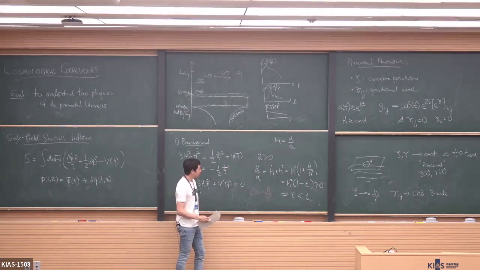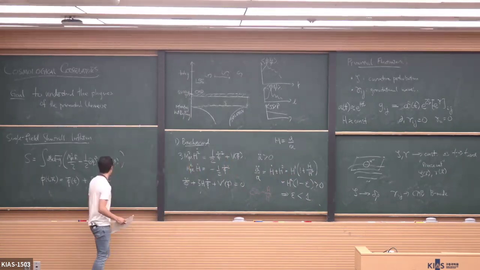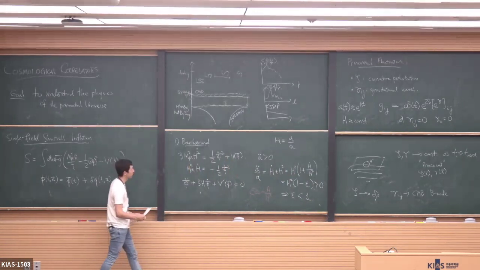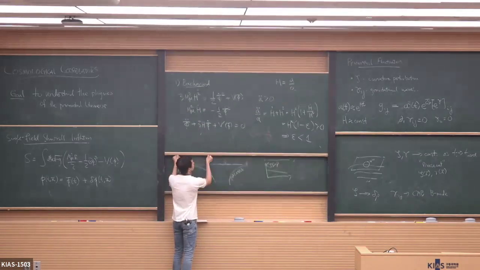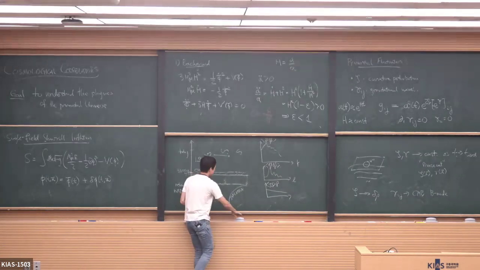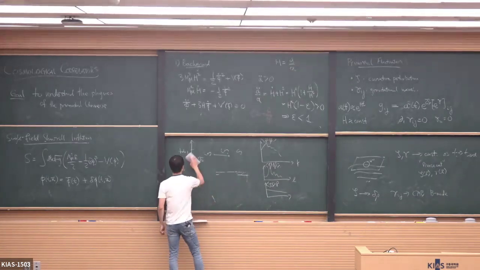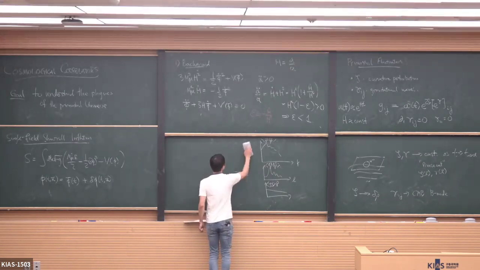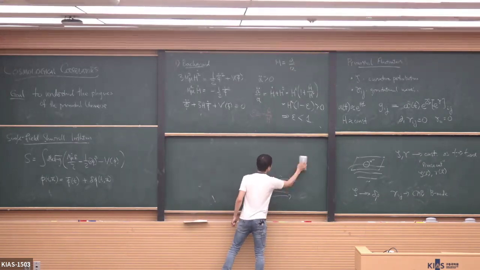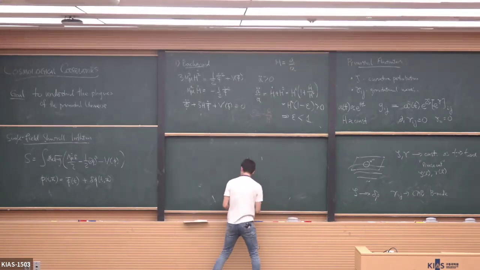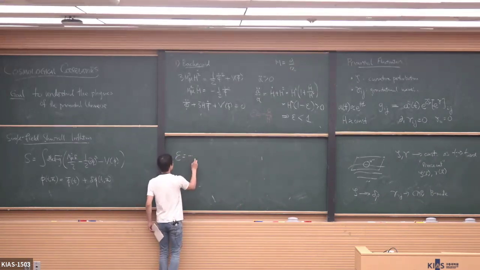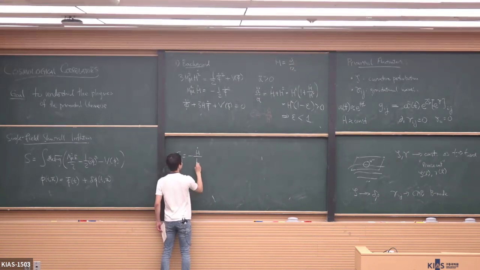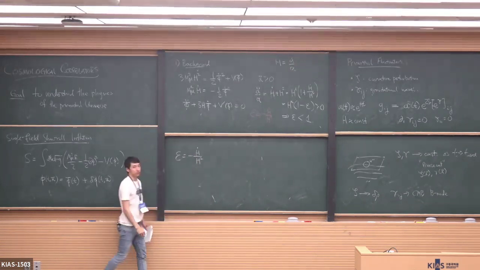Okay. So let's see how we can achieve this in this simple model. Epsilon is equal to minus H dot over H squared.